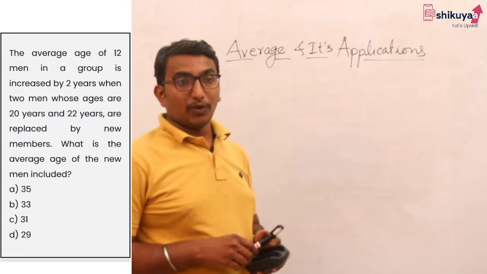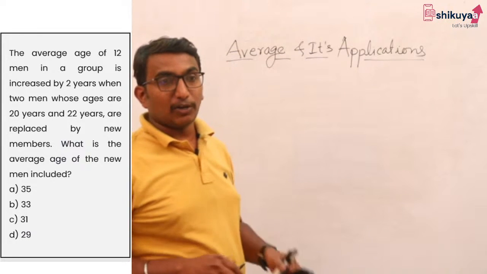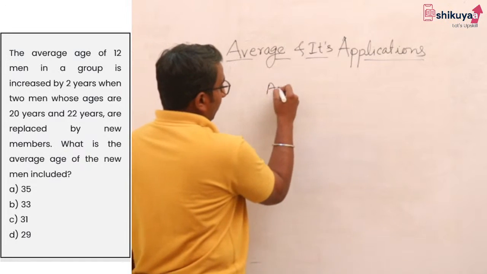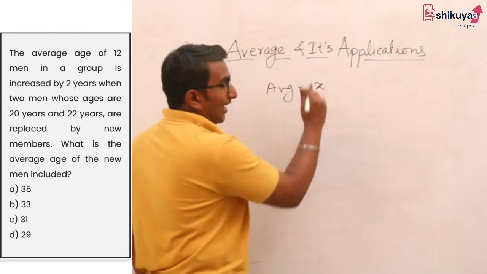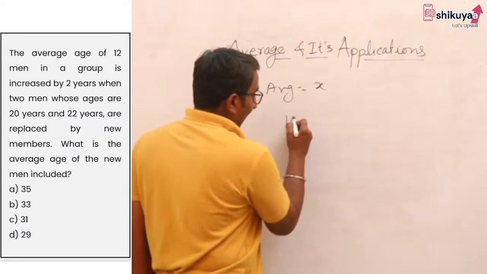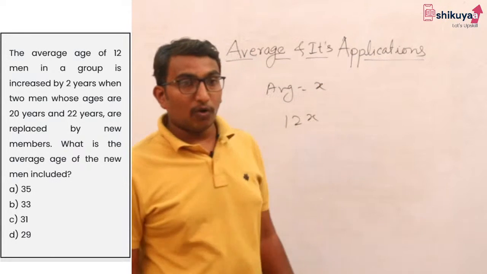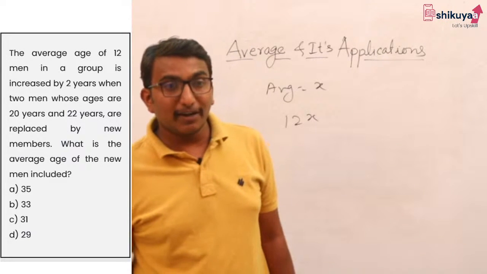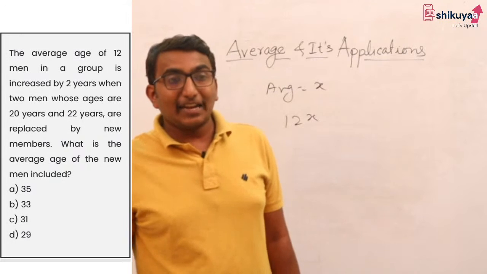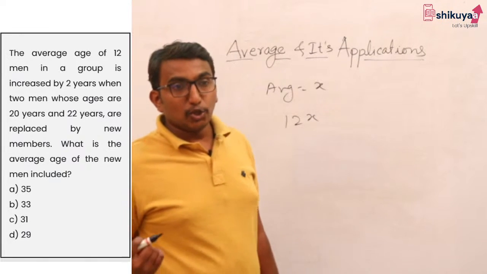The average age of 12 men in a group is increased by 2 years. We don't know the average age, so let us assume it to be x, as in the last case. So 12 men, so 12x.